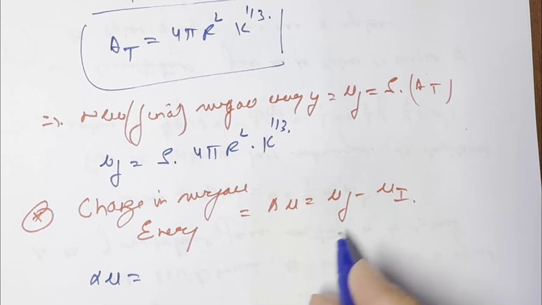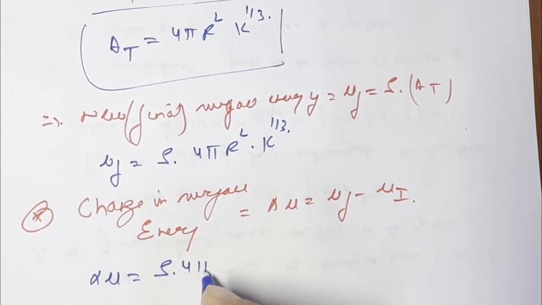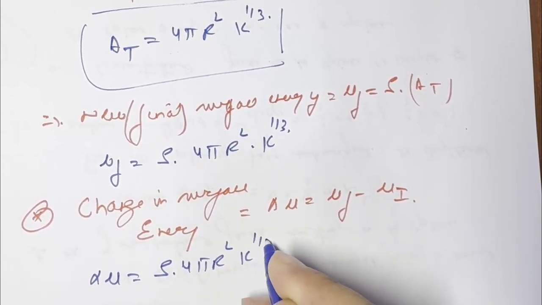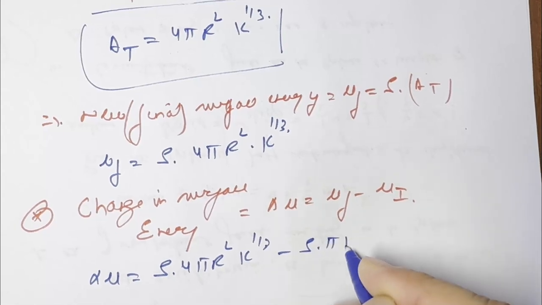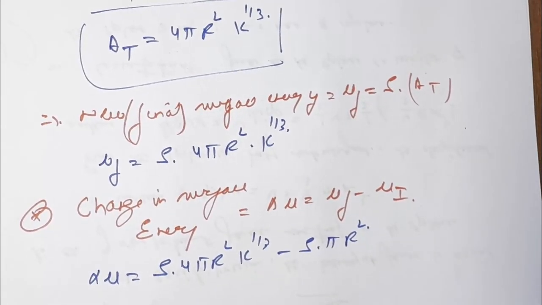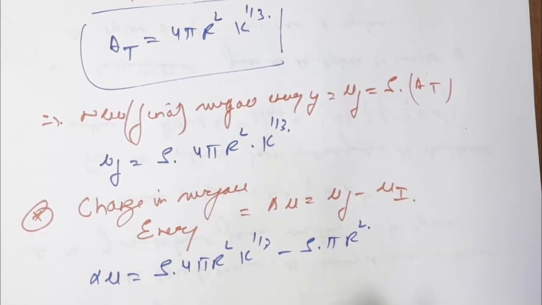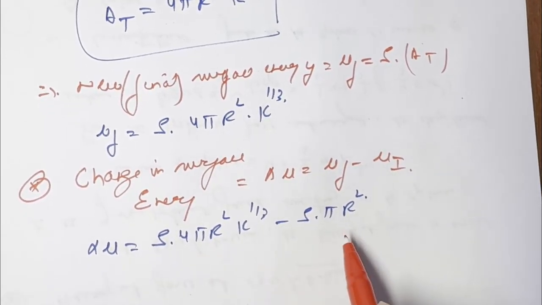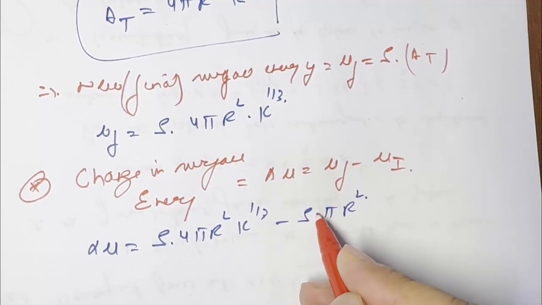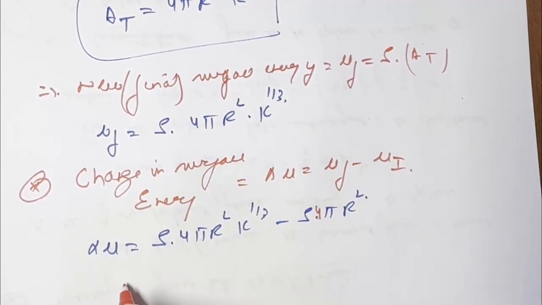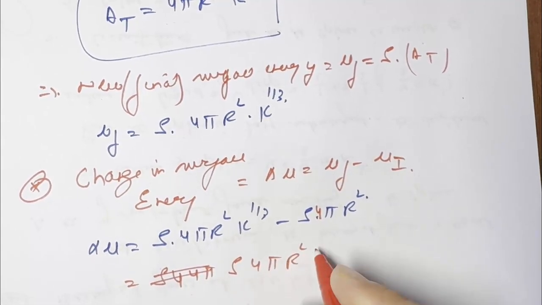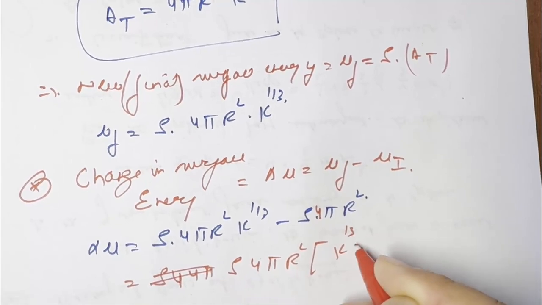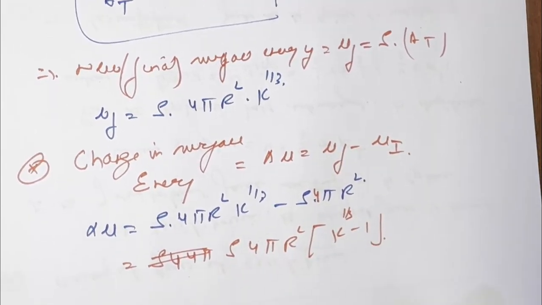Delta U is equal to S 4 pi R square k to the power 1 by 3 minus S 4 pi R square. So we can take S, 4 pi, R square common, and this becomes k to the power 1 by 3 minus 1.